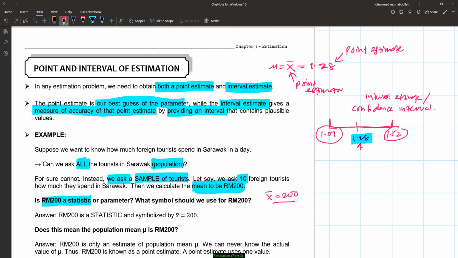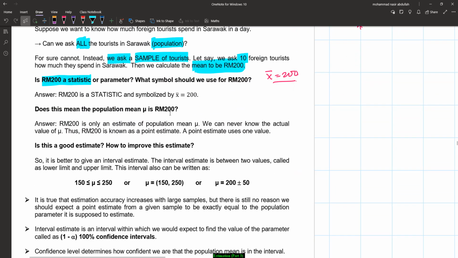A statistic is a summary measure taken from a sample, right? A parameter is a summary measure taken from a population, right? So does this mean the population mean is equal to 200 as well?